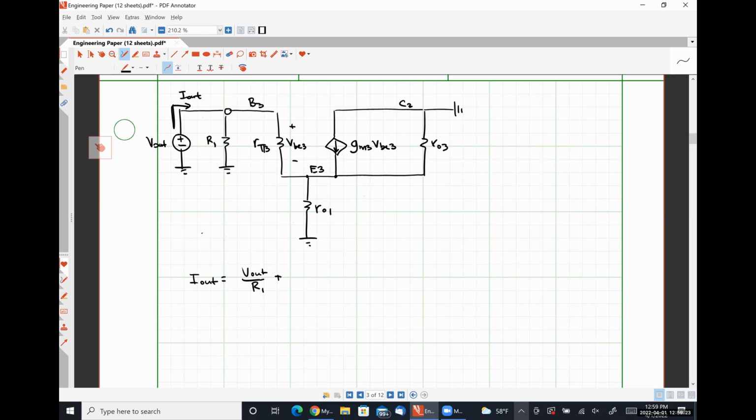let's see, so this current here, let's call this Vx for now. V out minus Vx over R pi 3.